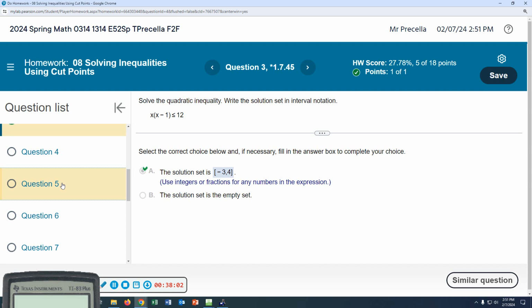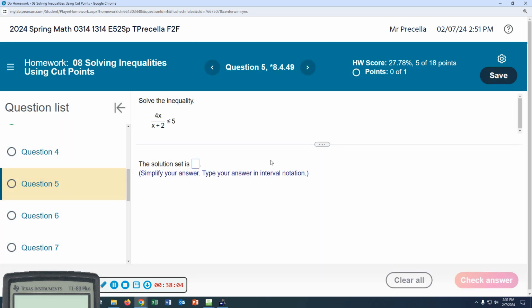I'm going to do number 4, but I want to do 5 first. I think 5 is a better first example with fractions, so I'm going to move on over. Are we going to have any denominator cut points here? Yeah. It says solve the inequality, and the instructions also mention interval notation, and there's an inequality symbol.